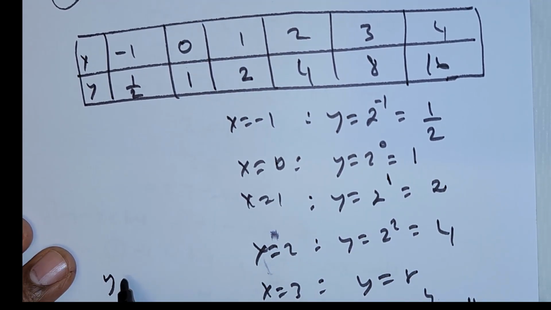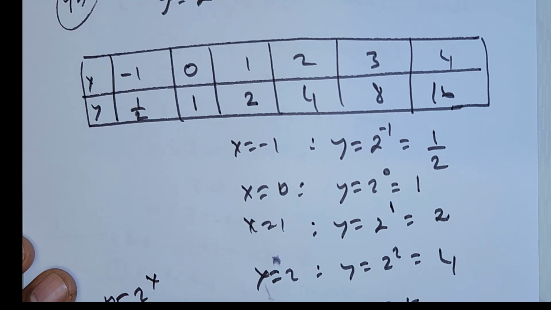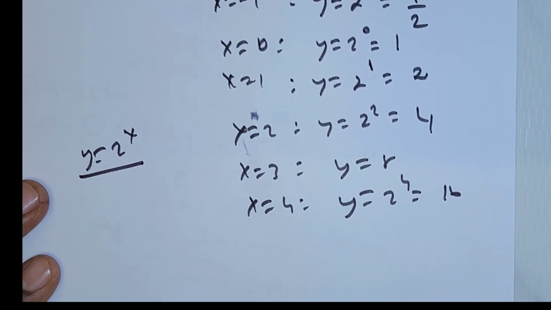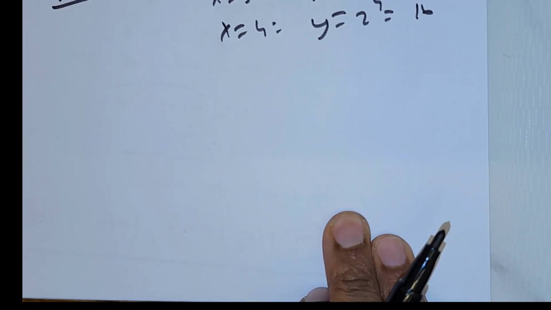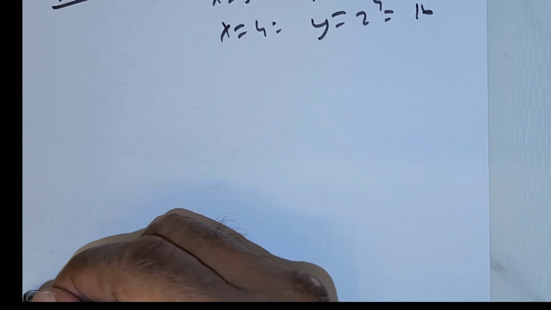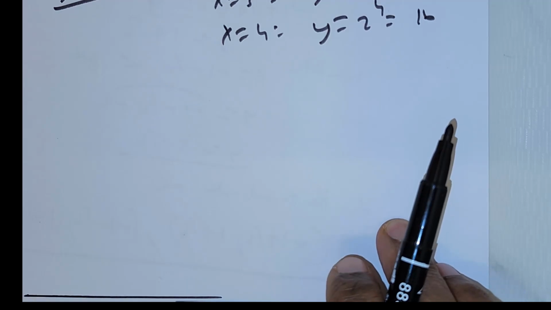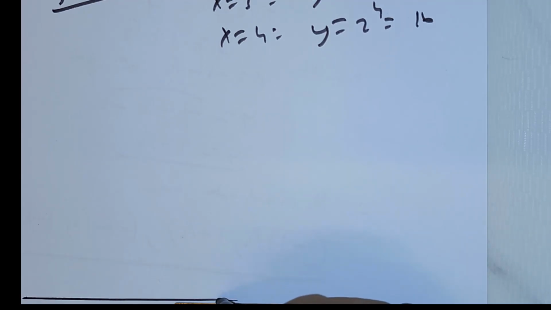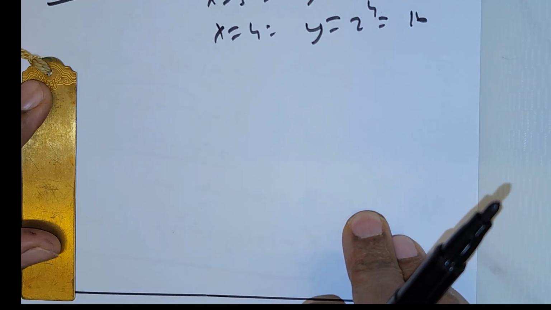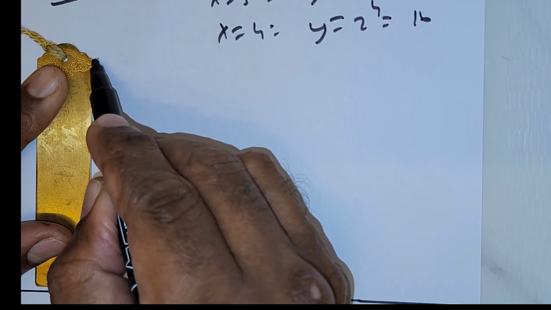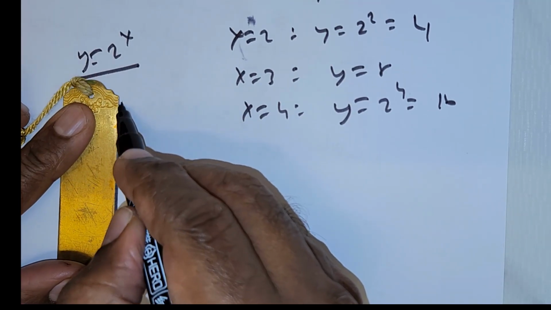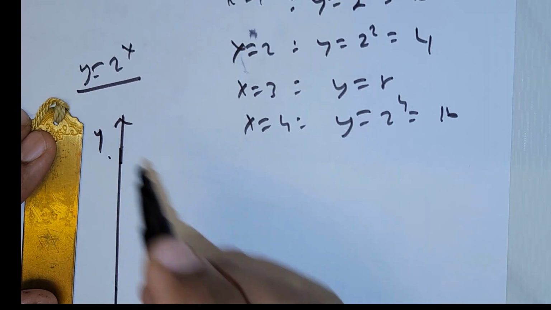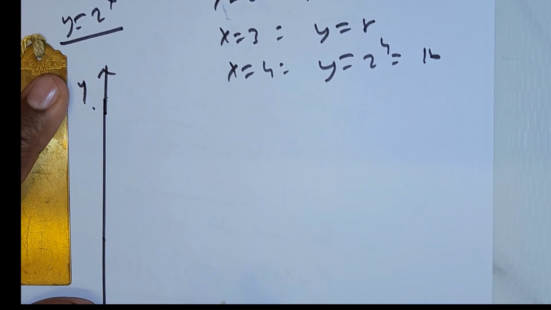Okay, we have to draw the graph for y is equal to 2 raised to the power of x. So that's exactly what I'm going to do here. Now the graph is going to be on the positive axis of x, and also for y, so it's not going to come down. So that's the reason I am taking this far below. So this is my y-axis, this is my x-axis.